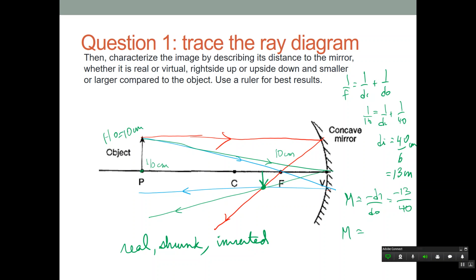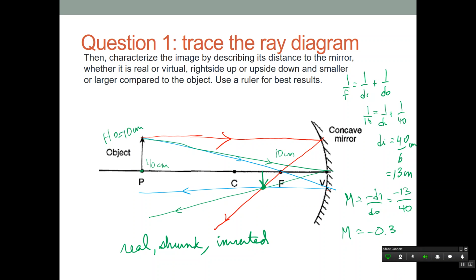So negative 0.3. Is my magnification positive or negative? Negative means it's inverted. Is the absolute value of the magnification less than 1? So that means it shrunk or it magnified? Shrunk, and that's what we see here. So we confirmed it both with the ray diagrams and with the formula.